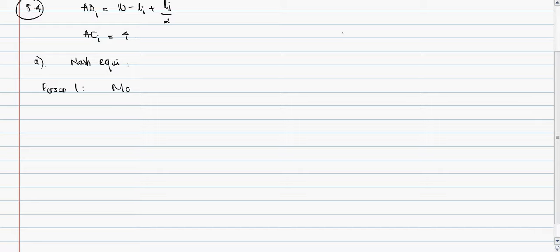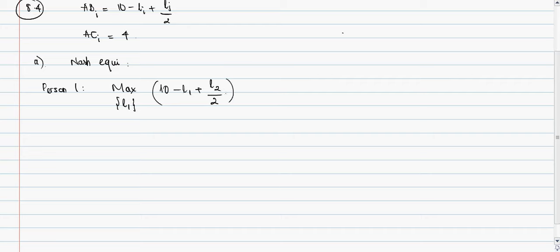So person 1 will be maximizing his net benefit by choosing how many hours to spend, which is basically L1. His net payoff is the total benefit minus the total cost. Now the total benefit for person 1 will be equal to the average benefit for person 1, which is 10 minus (L1 plus L2)/2.